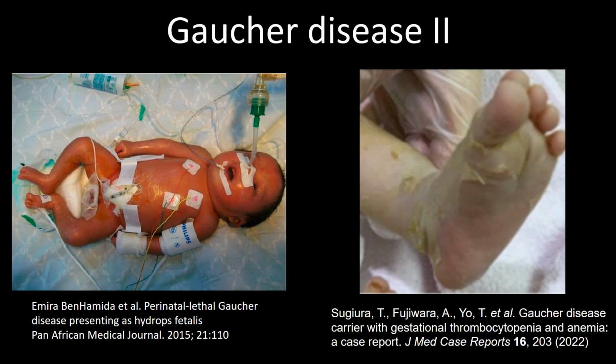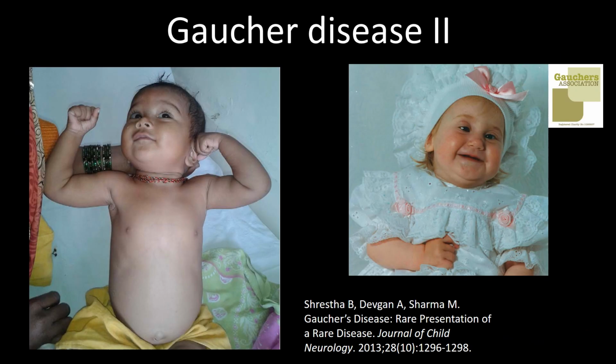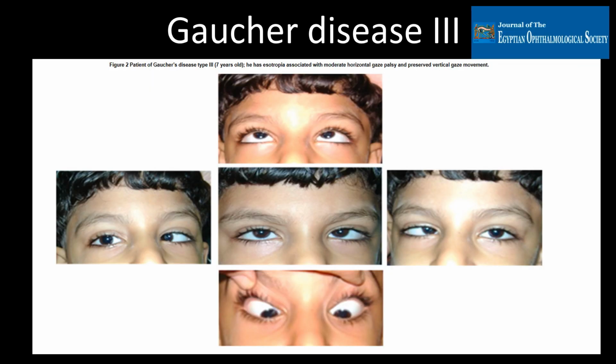Neurogenic or type 2 Gaucher disease may present with hydrops fetalis. In these patients, the skin is shiny and peels easily. Gaucher type 2 may also present during infancy with retrocollis and trismus. Gaucher type 3 may present in older patients with horizontal gaze palsy and preservation of vertical gaze.